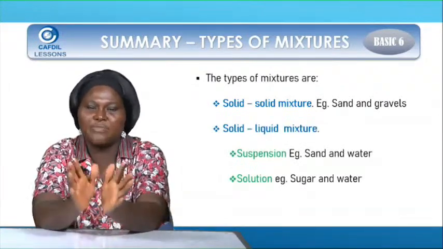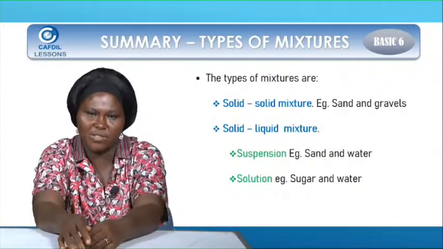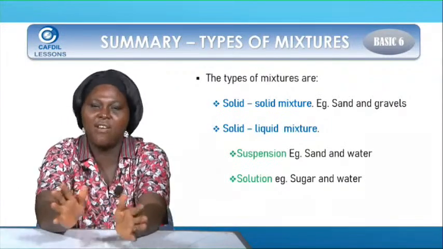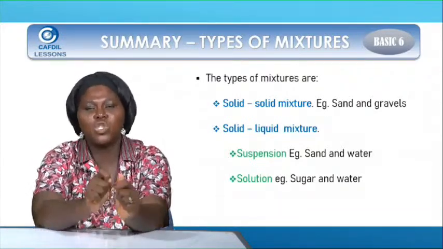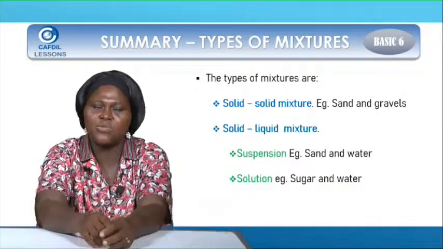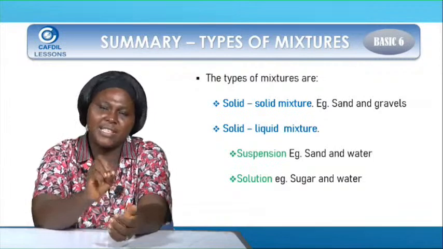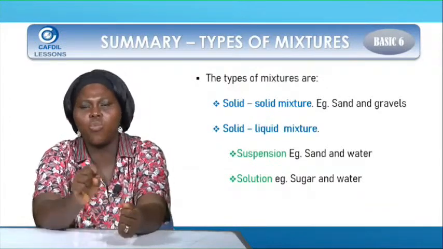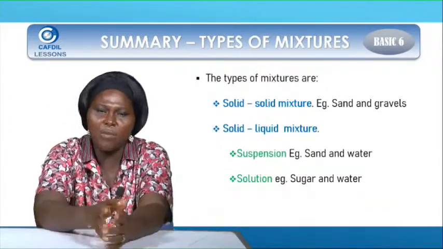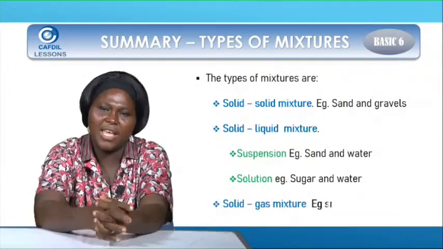An example is sand and gravel. And we have solid-liquid mixture, and in this case we have two types. We have suspension, an example is sand and water. And another one is solution, an example is sugar and water.